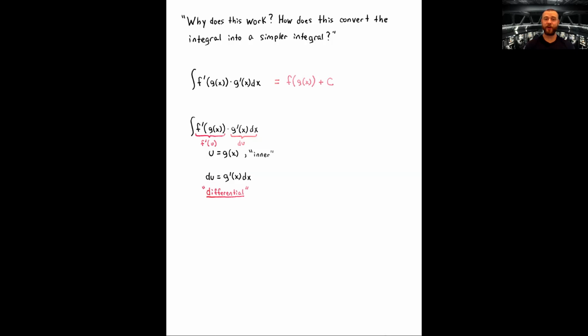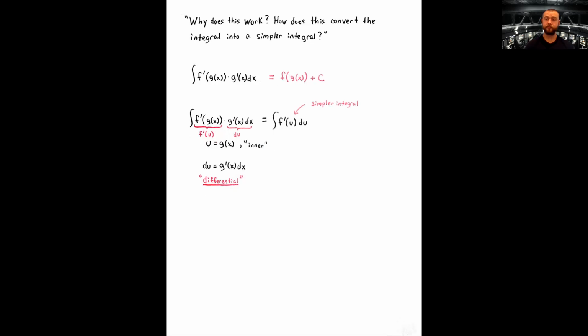And then from the differential, we can rewrite g prime of x times dx as du. And what we have just done is express the original complicated x integral in terms of this much simpler integral in terms of the new variable u. Now, this certainly looks simpler since it's a much shorter expression, the integral of f prime of u du.